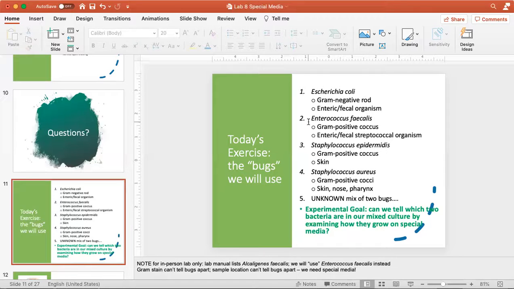Our second organism is called Enterococcus faecalis. This one is a gram-positive coccus, so it has a very different gram status, but it's also enteric/fecal. Some people, especially in older source material, referred to this as a fecal streptococcus. From time to time, I'm going to give you old terminology that we're not using anymore.